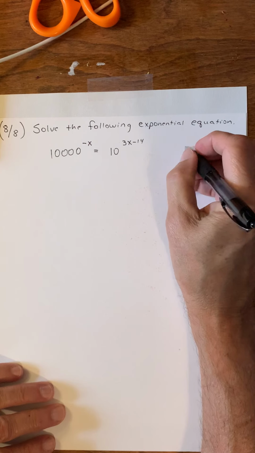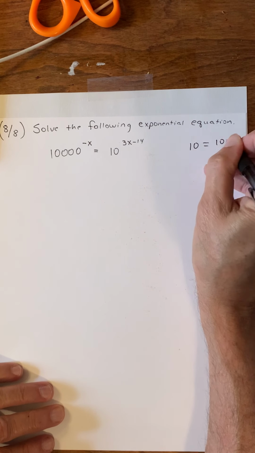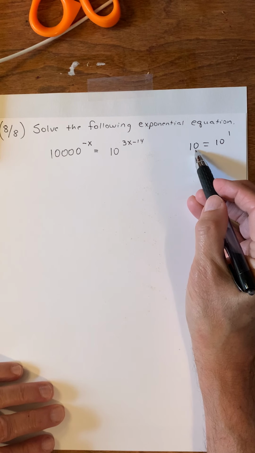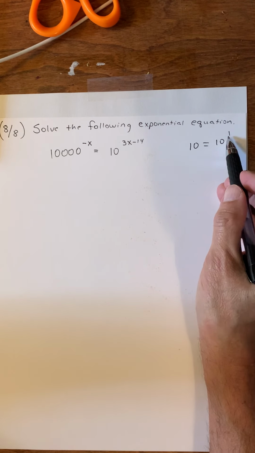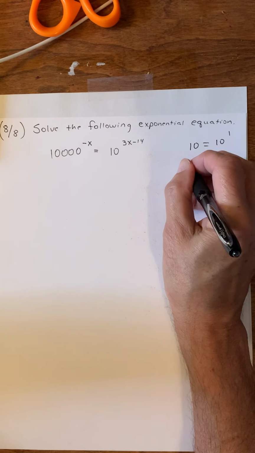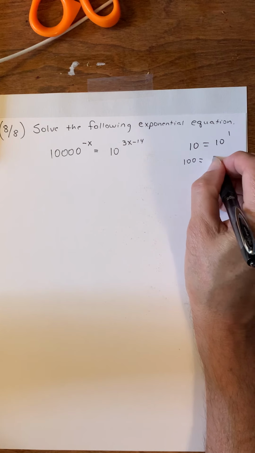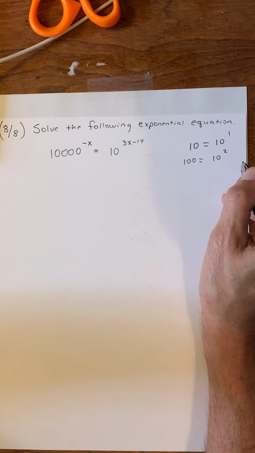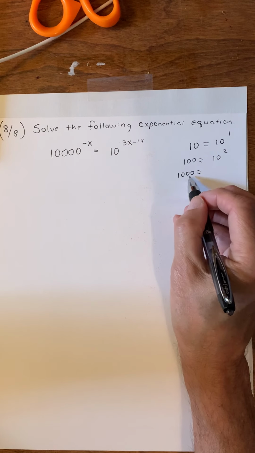You guys are probably familiar with this concept. The number of zeros you have in your expression gives you the exponent of 10. So if I have 100, what do you know? That's got 2 zeros. That's 10 to the 2nd power. If I have 1,000, that's got 3 zeros.